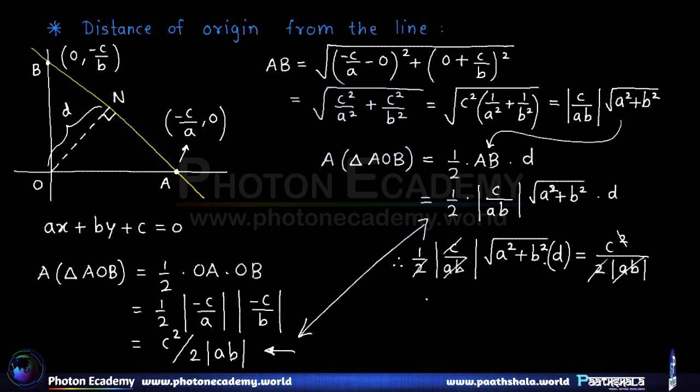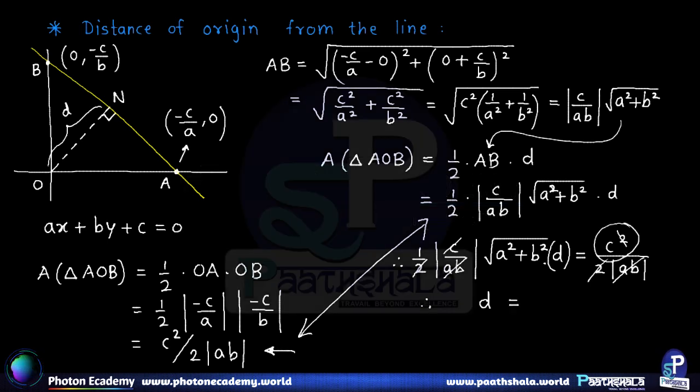Therefore finally we get D is equal to, since on the right side it was C square, now we can't write just c on the right side, but we have to write it as mod c, and hence we write it as mod of c divided by root of a square plus b square.